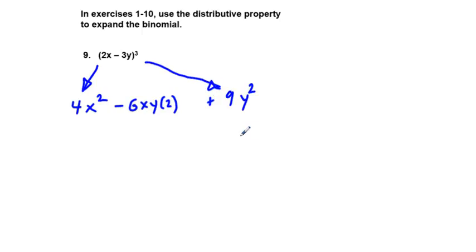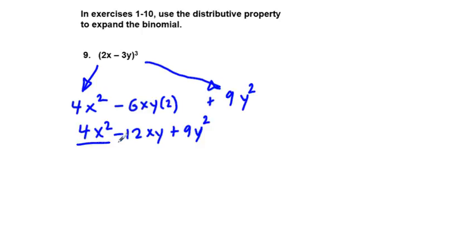And we add this at the last here. So we're going to have 4x squared minus 12xy plus 9y squared.